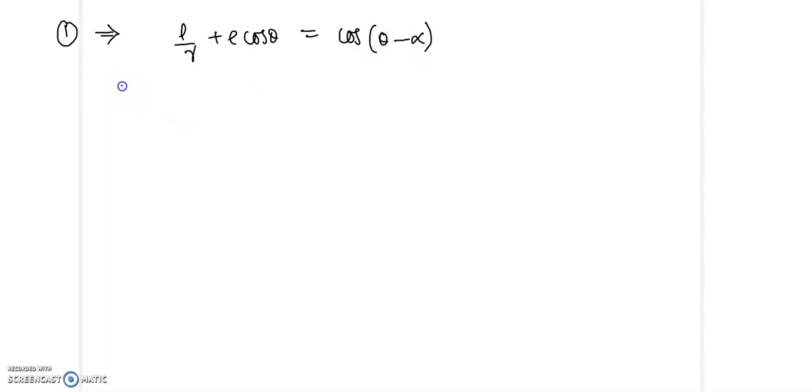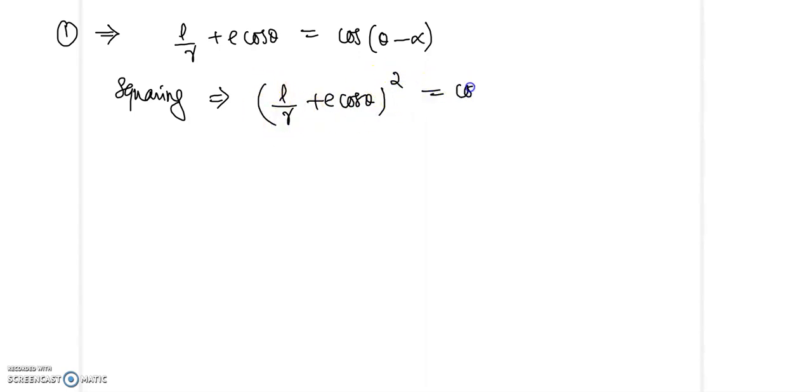So upon squaring on both sides, we are going to get L by R plus e cos theta whole square equal to cos square theta minus alpha, which is equal to 1 minus sin square theta minus alpha.